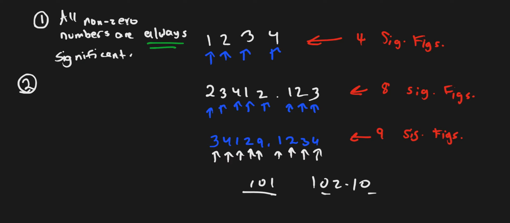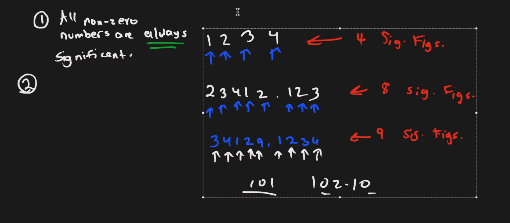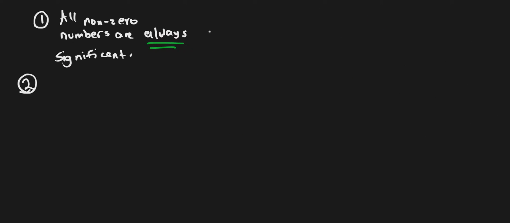This second rule is also pretty easy, but it does incorporate some zeros. Let me delete these examples. The second rule is for zeros that are in between non-zero numbers. So if we had 101.21, is this zero significant?